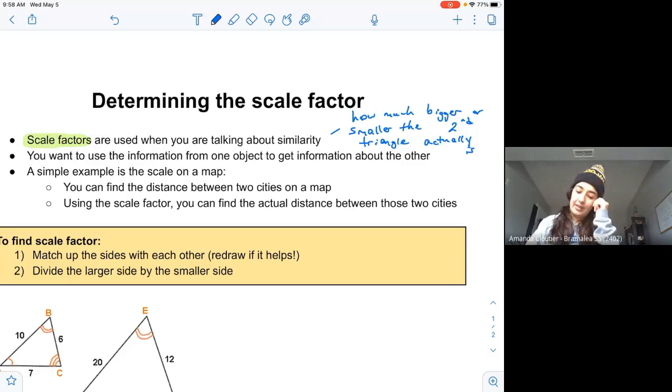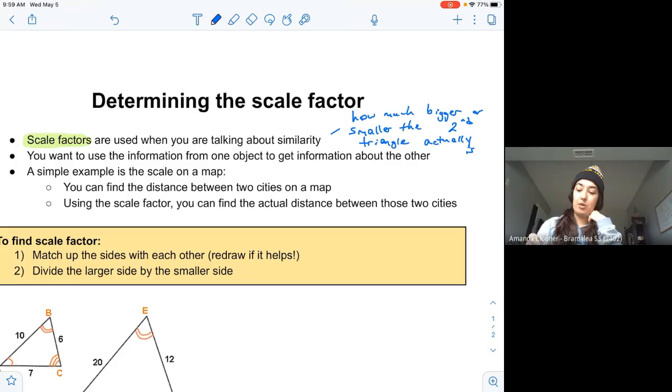A simple example of a scale factor is what we would see on a map. You know at the bottom of maps, there are scales. It'll tell you 1 centimeter on this map actually represents 600 meters or something along those lines.